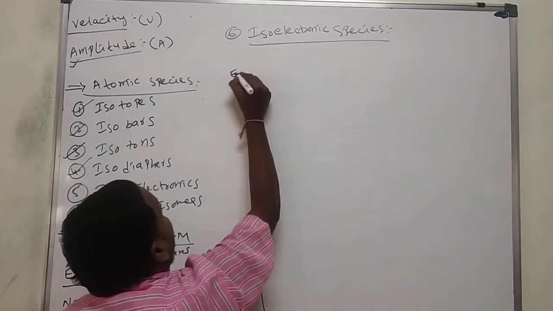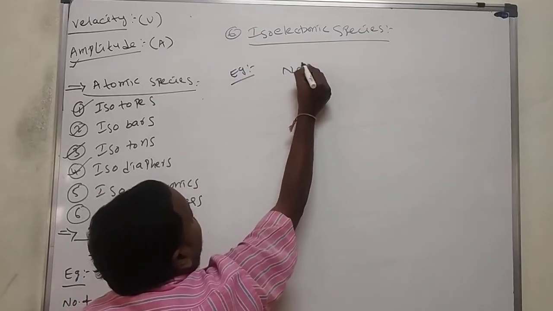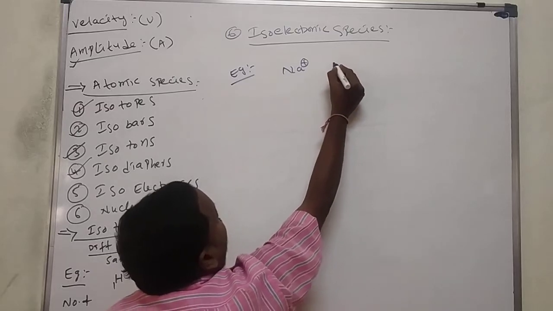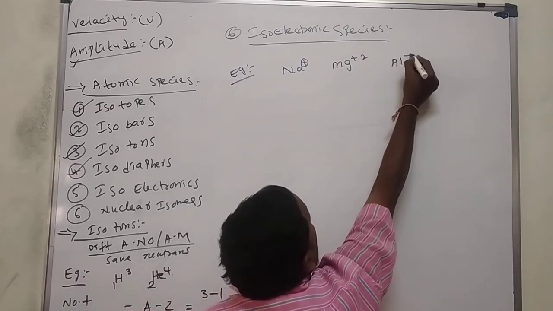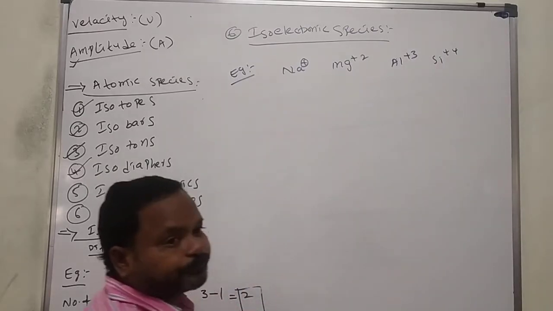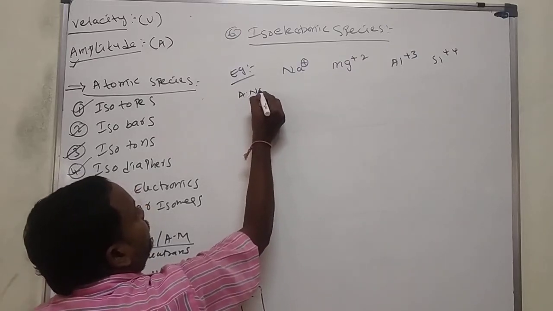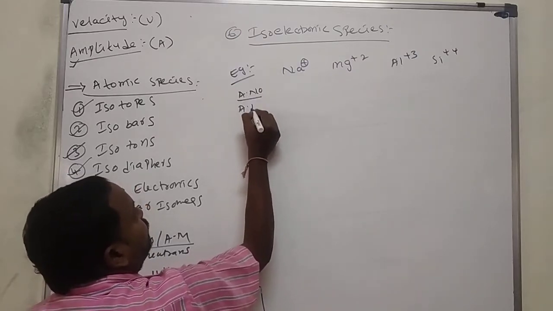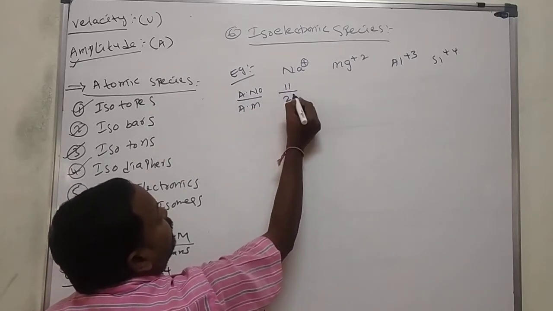Here I am taking one example. Sodium plus ion is there, magnesium 2 plus is there, aluminium 3 plus is there, silicon 4 plus is there. See here, the atomic number of sodium is 11, atomic mass 23.